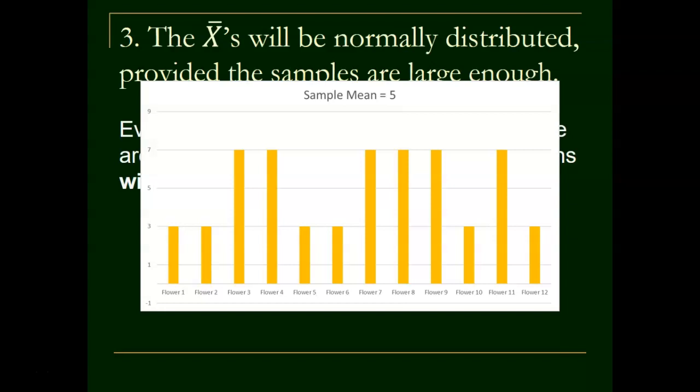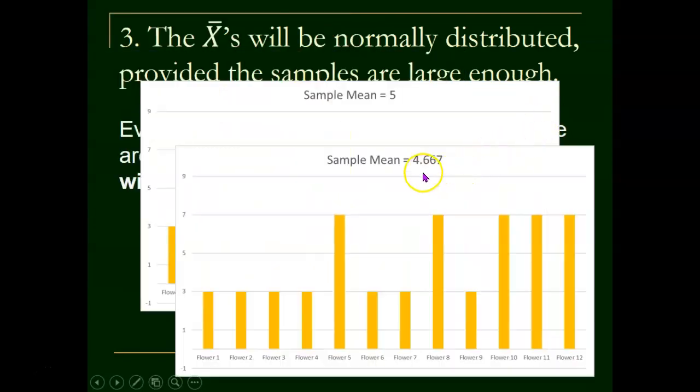Some of them would be 3 inches tall, some of them would be 7 inches tall, and when you average those 12 heights together, each one of which is either 3 or 7, the average you get, that's the sample mean, might come out to be 5 if you have exactly the same number of 3s and 7s in your sample.